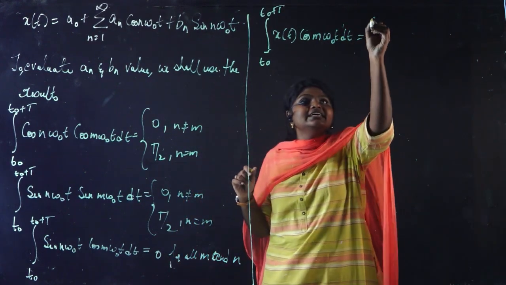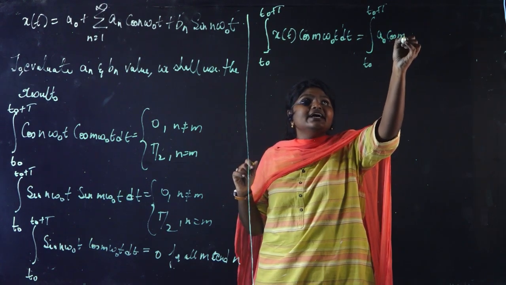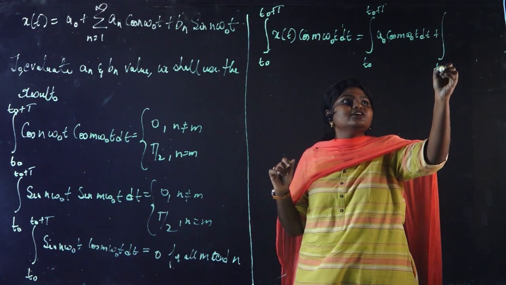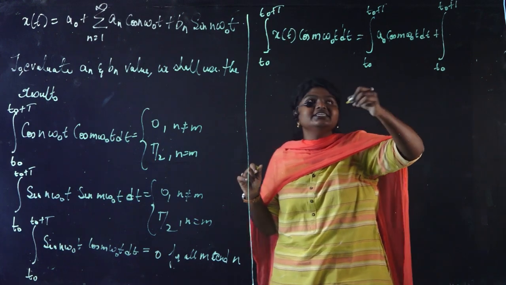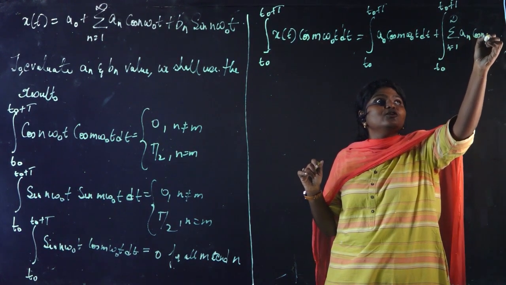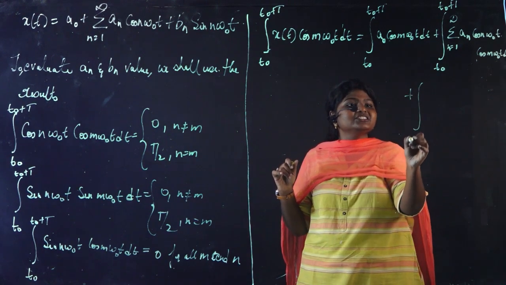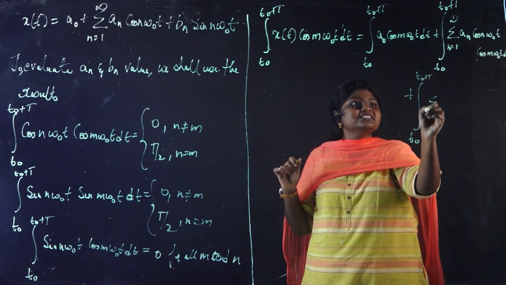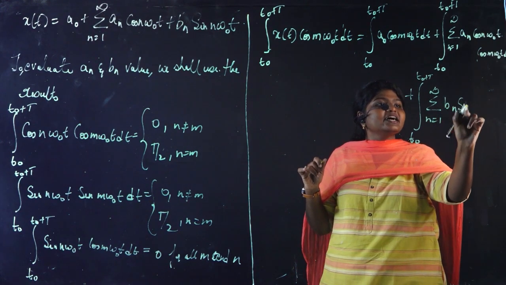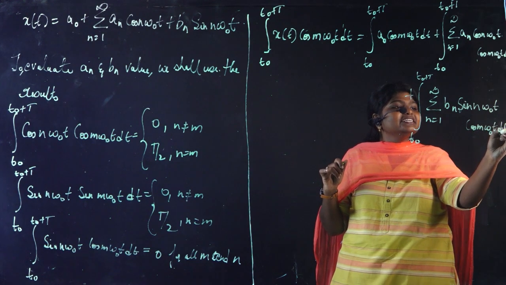This will be equal to the integral from T naught to T naught plus T of A naught cos of m omega naught t dt, plus the integral from T naught to T naught plus T of sigma n equals 1 to infinity An cos n omega naught t into cos of m omega naught t dt, plus the integral from T naught to T naught plus T of sigma n equals 1 to infinity Bn sin n omega naught t into cos of m omega naught t dt.